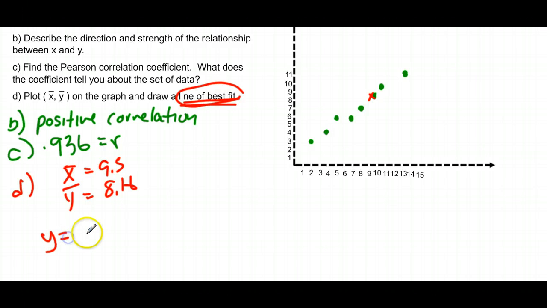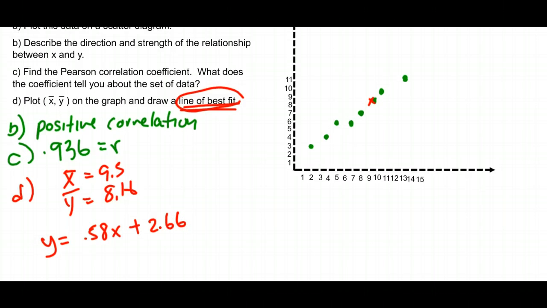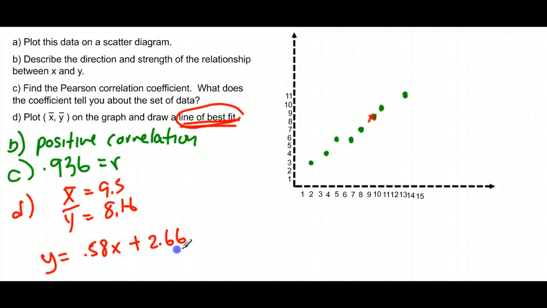Y is going to be 0.58x plus 2.66, right? And if you remember from Algebra 1 and Algebra 2, we only start with the y-intercept. So 2.66 is somewhere right here, and then you really don't have to do the slope part. All you have to do is draw a line going through the X, and that's going to be your line of best fit. All right.